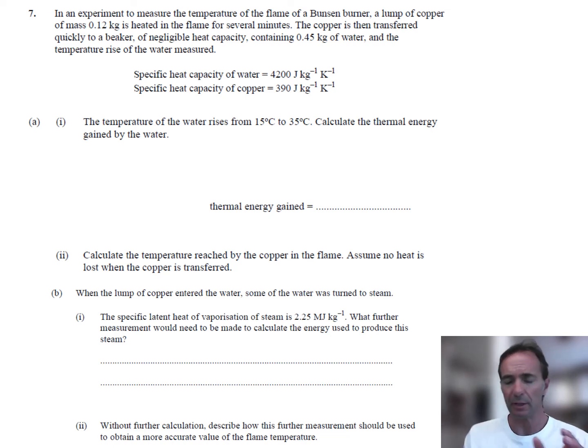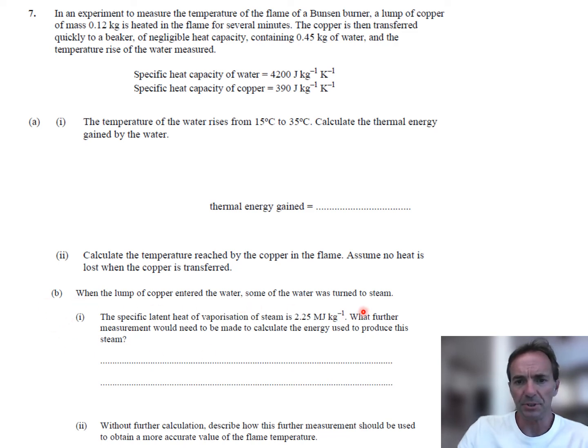So take the amount of energy transferred and use the specific capacity of the copper. You already know the energy. You know the mass of the copper because it's there, and you want to calculate the temperature change. So work out the temperature change from that, assuming it's from room temperature. Okay, that's the temperature change.